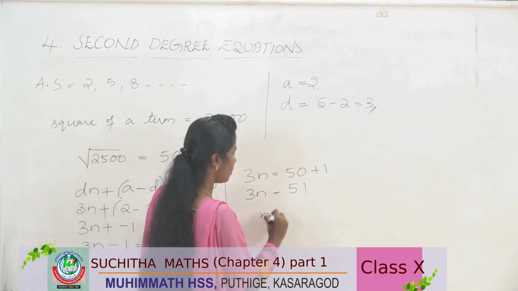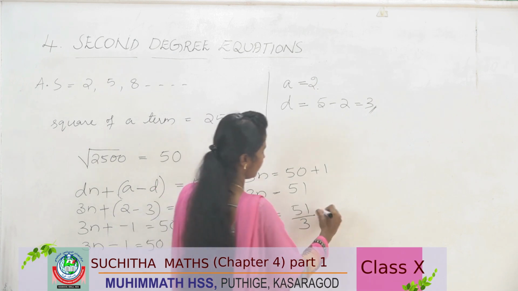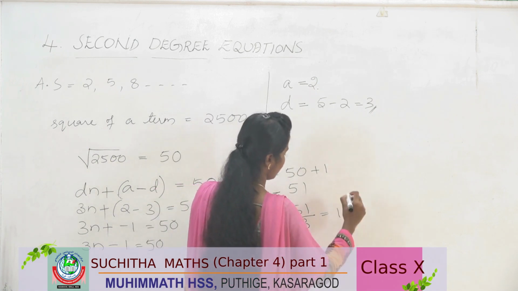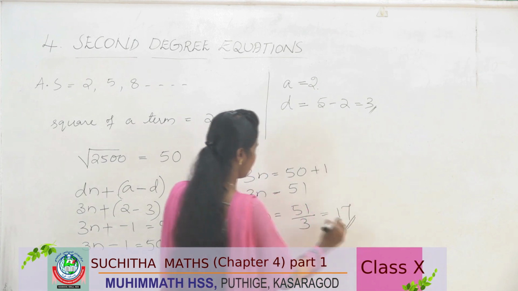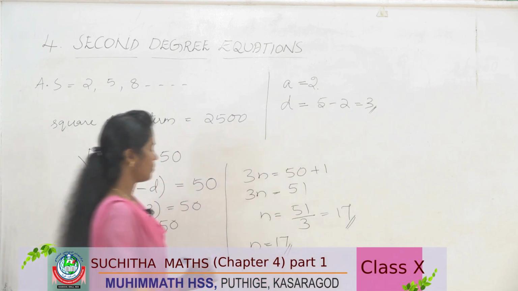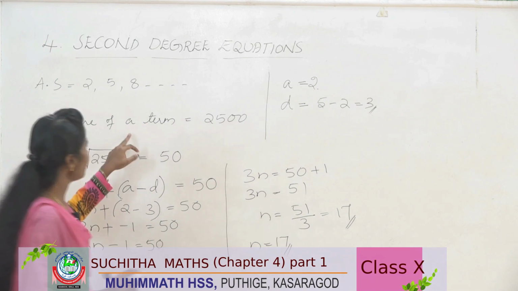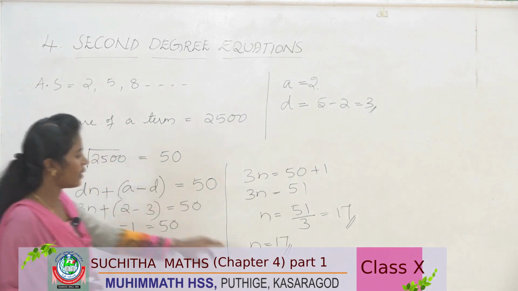Therefore n equals 51 divided by 3, that is 17. n equals 17. So 50 is in the 17th position.